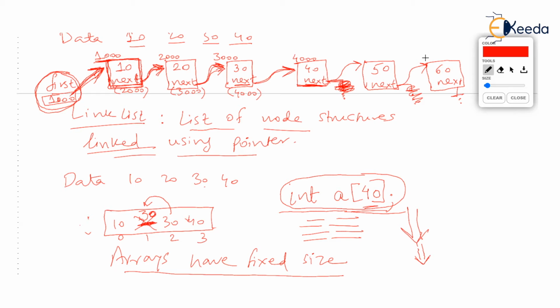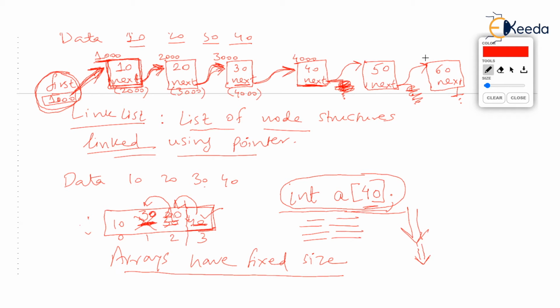Then 40 will be copied on top here, to the third location. And then we will say that now the array holds valid values in only the first three locations. The last element is still there, this 40 is still in memory, but it is wasted.